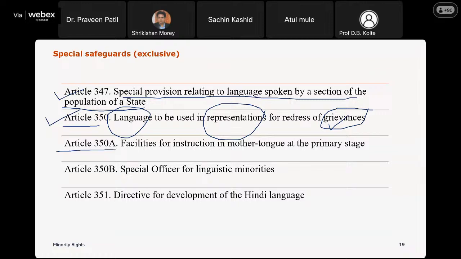Article 350A, as I said, came into existence by virtue of the States Reorganization Act 1956, by virtue of which states were demarcated on the basis of language spoken.